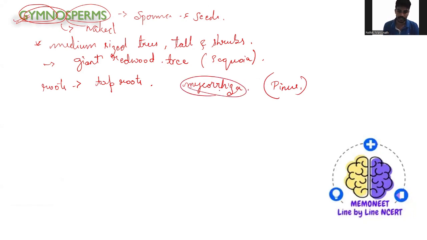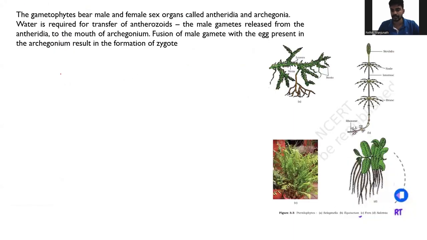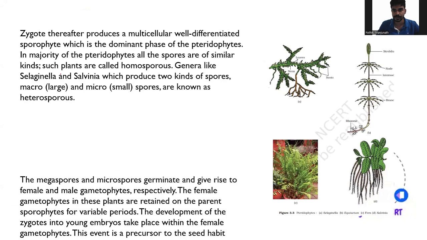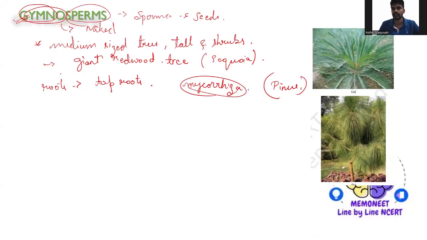While in some others, like Cycas, you can see in these diagrams. This diagram represents the Cycas, and this picture represents Pinus. So mycorrhiza shows a symbiotic relationship with the roots of Pinus.